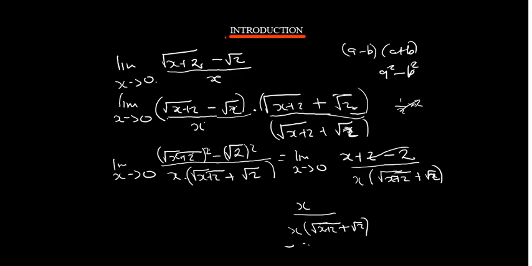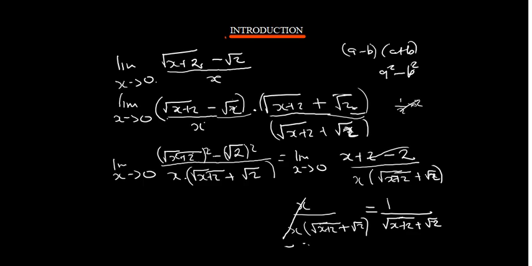So this will give you 1 over root of x plus 2, plus root 2 like that inside. So that's root 2 inside that you are going to have.